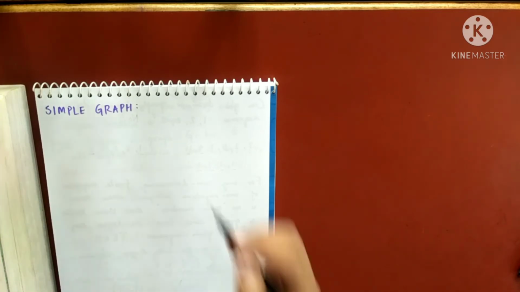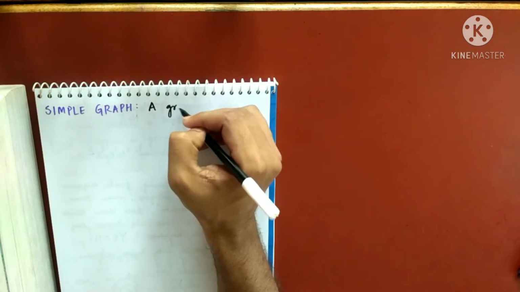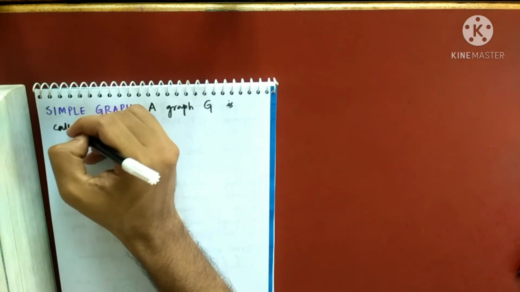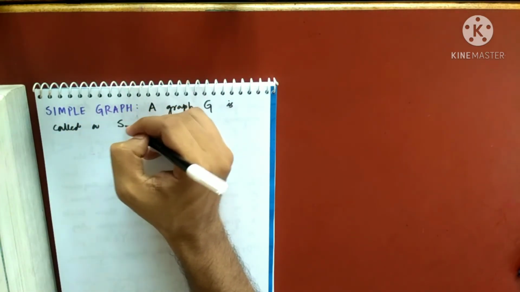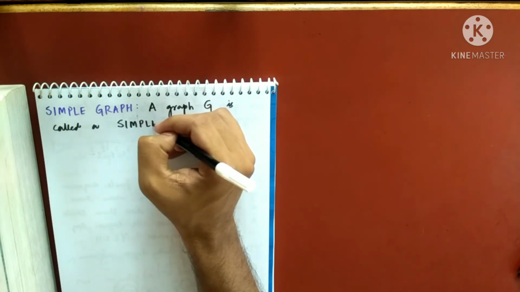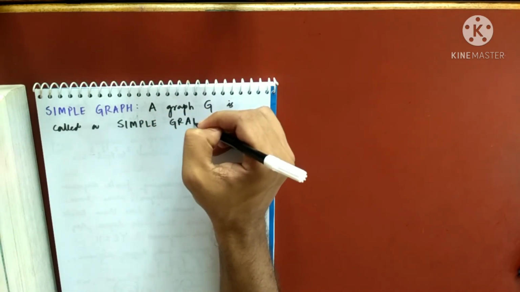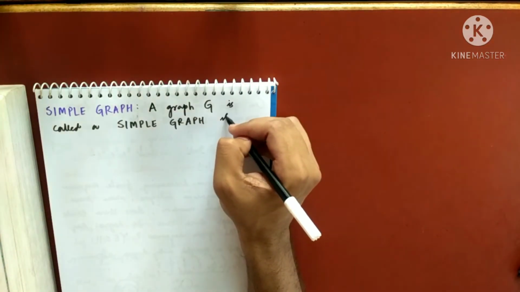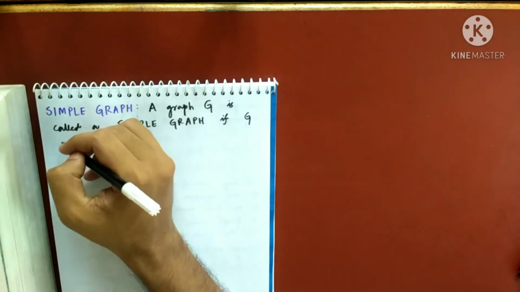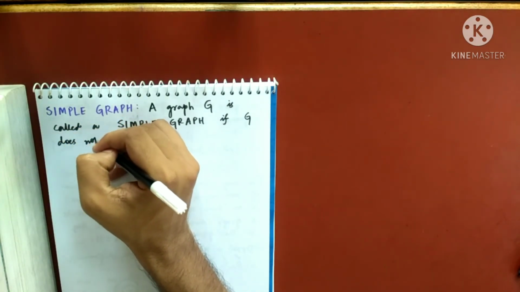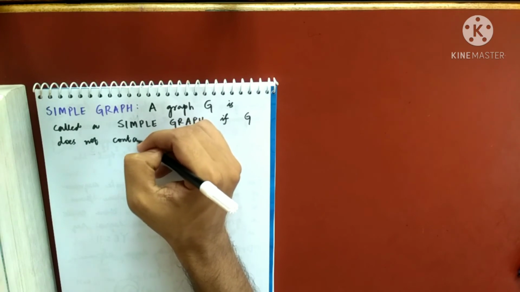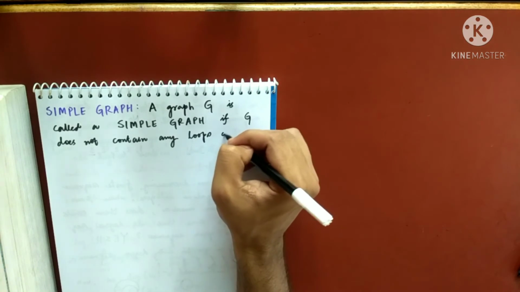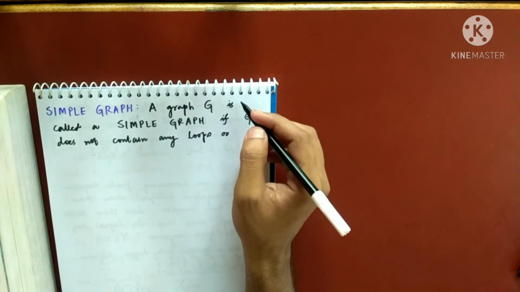A graph G is called a simple graph if G does not contain any loops or parallel edges.